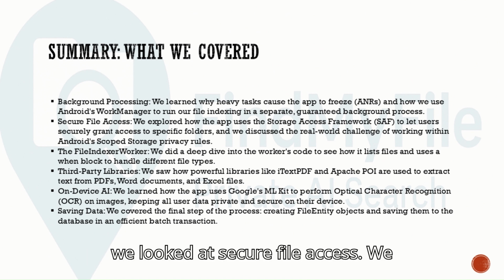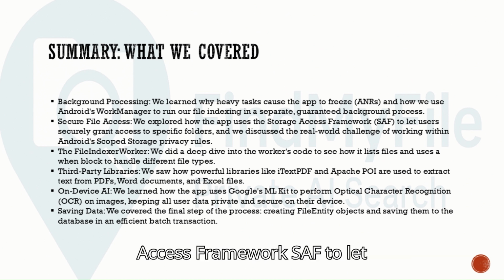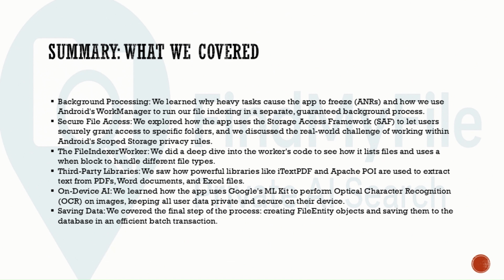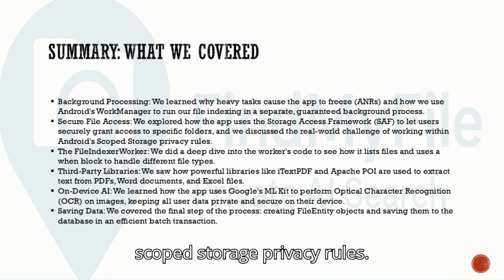Second, secure file access: we explored how the app uses the Storage Access Framework, SAF, to let users securely grant access to specific folders, and we discussed the real-world challenge of working with Android's scoped storage privacy rules.